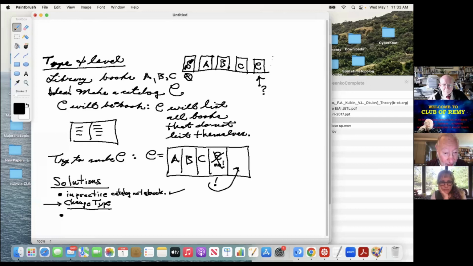This is one of the ways to solve the problem of the catalog, to note that we can change type, and this really is the type theory. That's how Russell's set theoretic paradox comes out the same way. We say, oh, we'll just not have Russell's set be a set. We'll call it a class or something else.